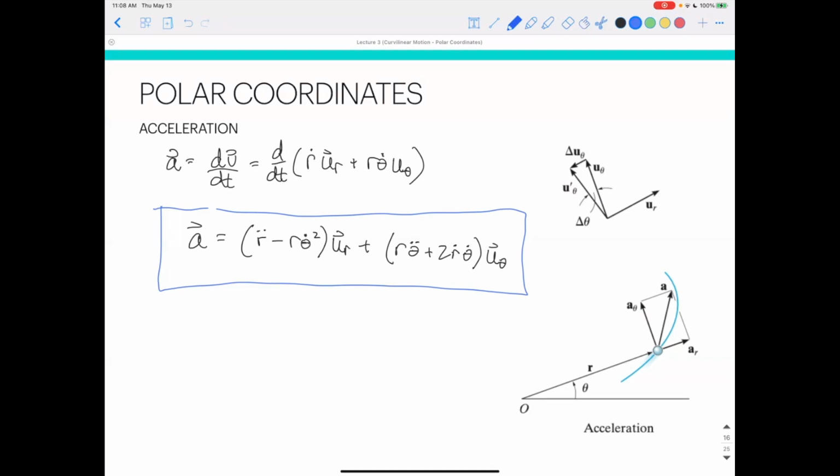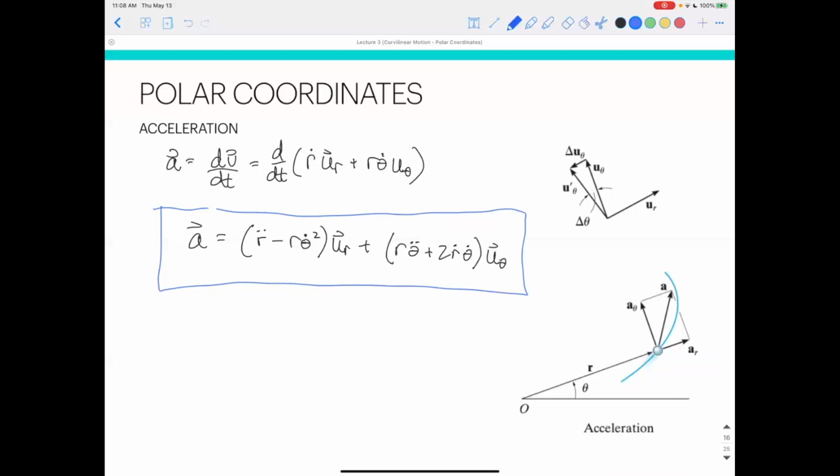So this is our equation for acceleration. The derivation is not too long, but you will end up here, and this is one of our equations of motion. When we think of polar coordinates, whether cylindrical or polar, this is just in 2 dimensions.